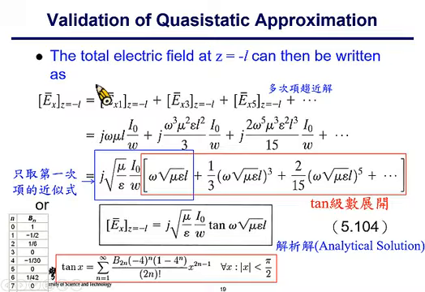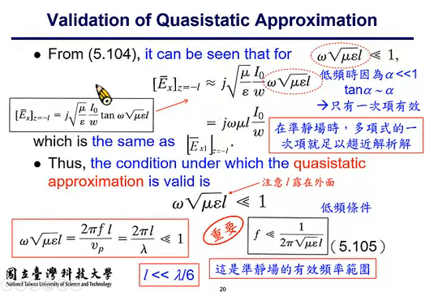If you collect more and more terms, you should approach a tangent function. And one important property about the tangent function is that for tangent x, if x is small, much smaller than 1, or x approaches 0, then tangent x shall approximate x itself.